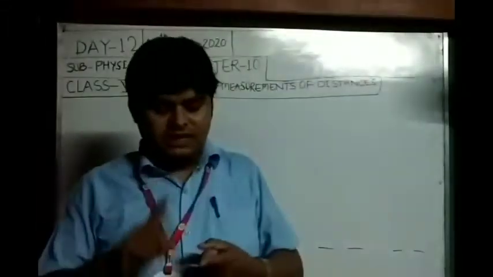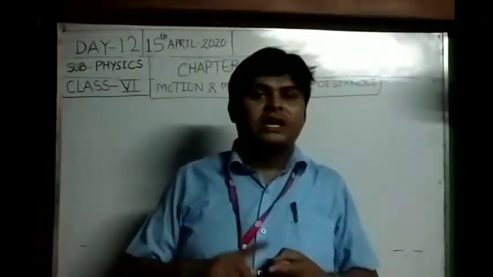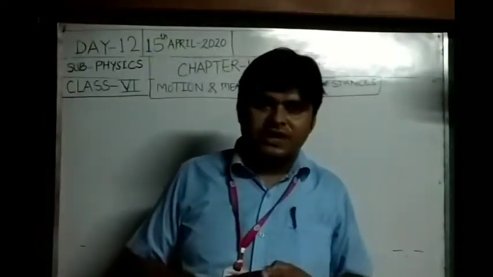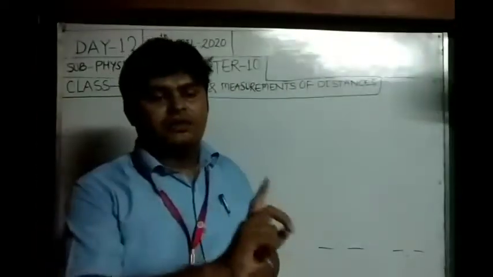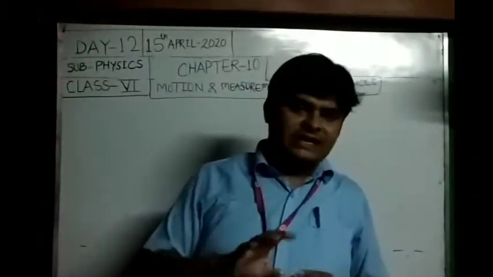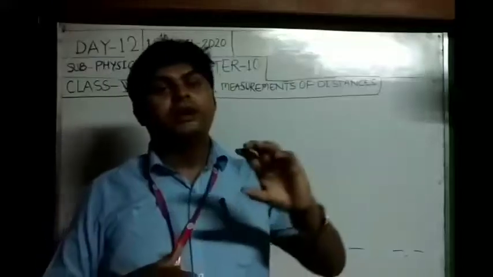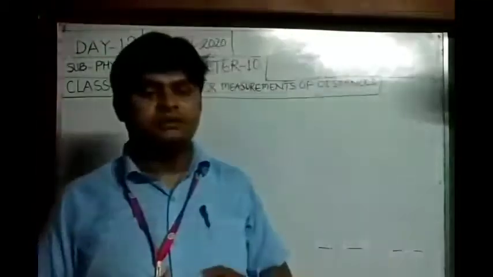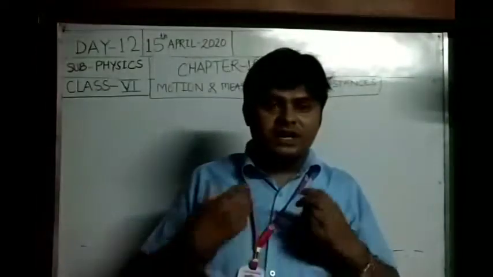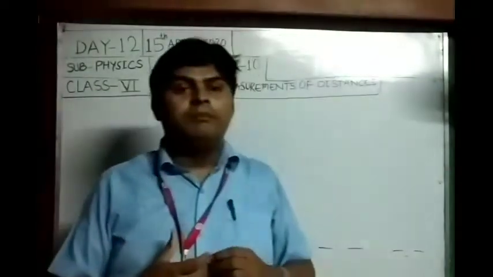Periodic motion means the motion in which an object repeats itself with time. As for example, the earth revolving around the sun or rotating on its axis is an example of periodic motion.